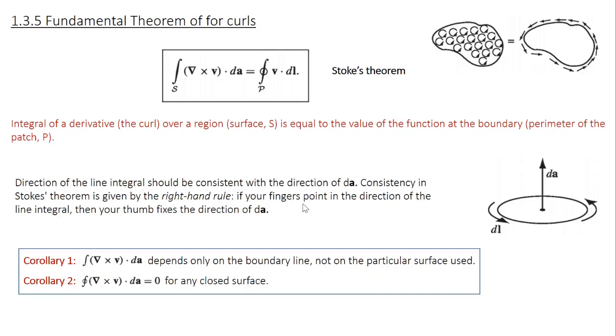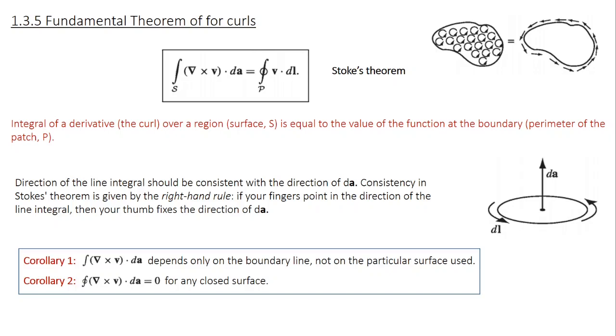If your fingers point in the direction of the line integral, then your thumb fixes the direction of the area element dA. For example, take this circular surface; this is the perimeter of the surface.